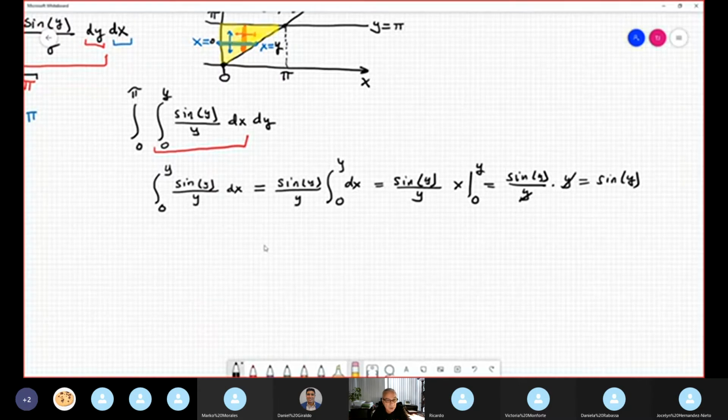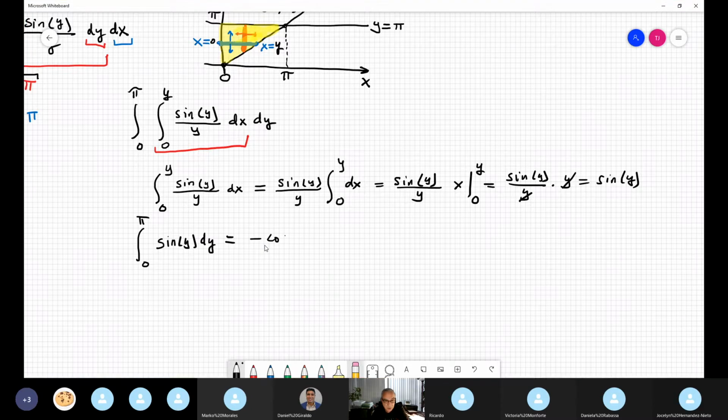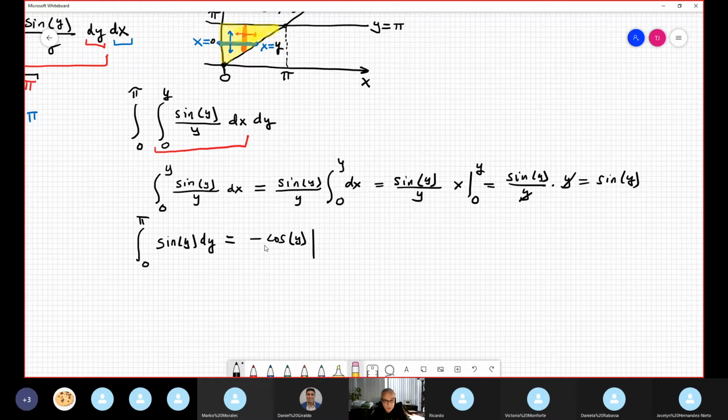Okay, so now I copy the second integral, 0 to pi, of the result of the first integral, which was sine y dy. The antiderivative of sine is minus cosine, evaluated between 0 and pi.